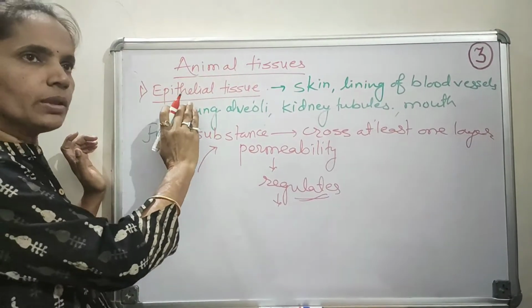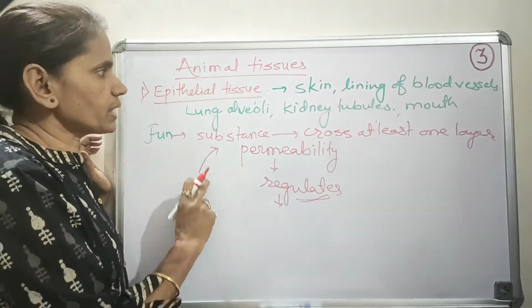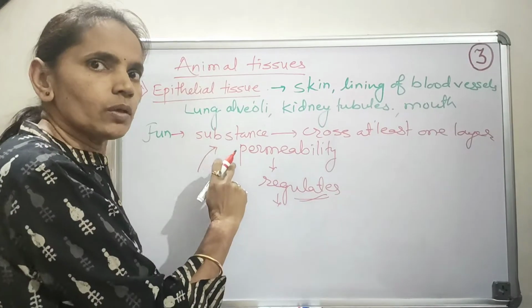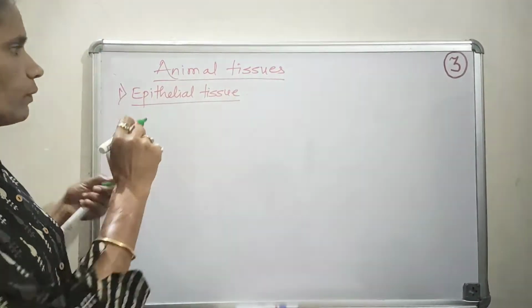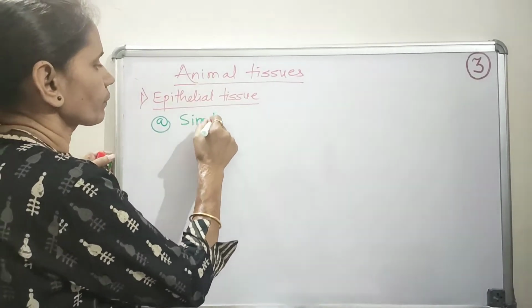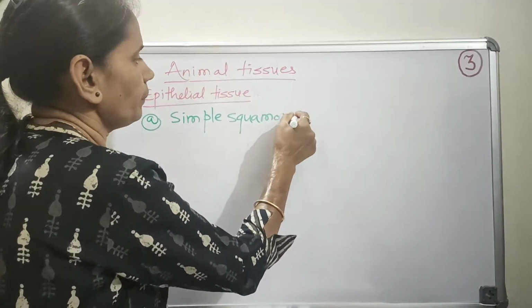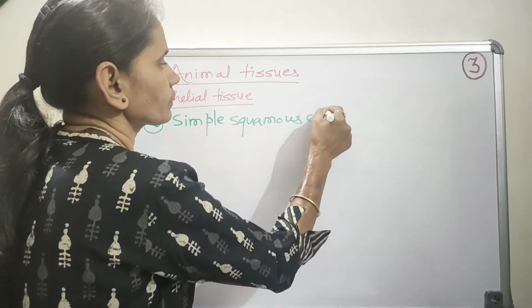Further, on the basis of the location as well as the shape of the cell, there are different types of epithelial tissue. The first type of epithelial tissue is the simple squamous epithelial tissue.